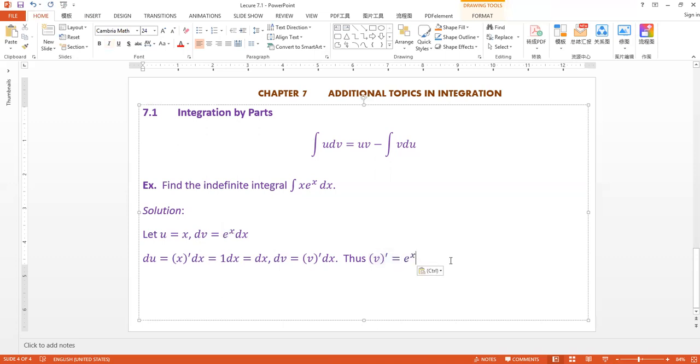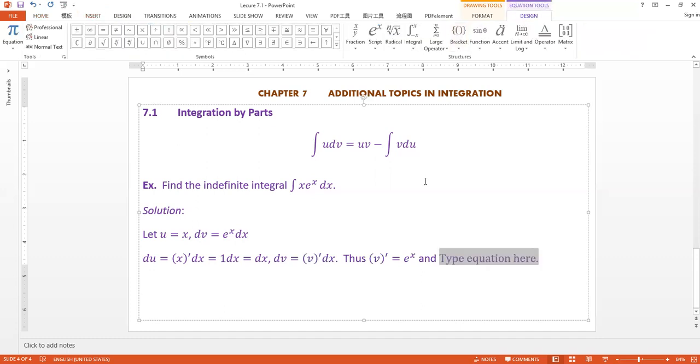Now we can integrate e to the x to get v, because integration and differentiation are opposite operations. If we know the derivative of a function is e to the x, then we just need to integrate e to the x to find the original function v.